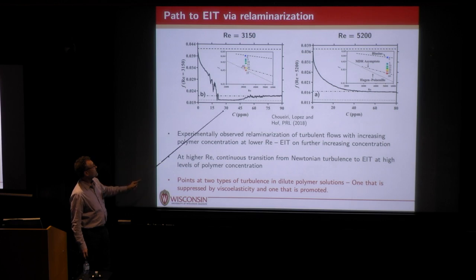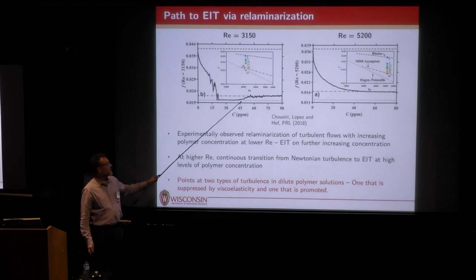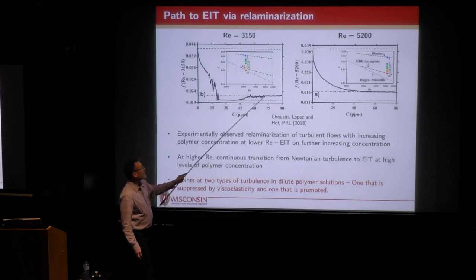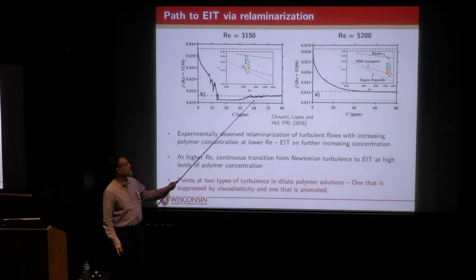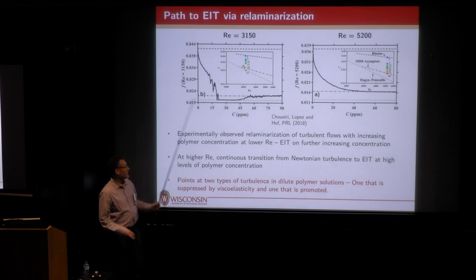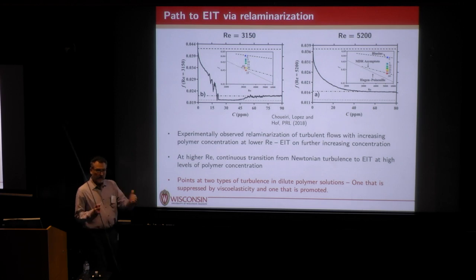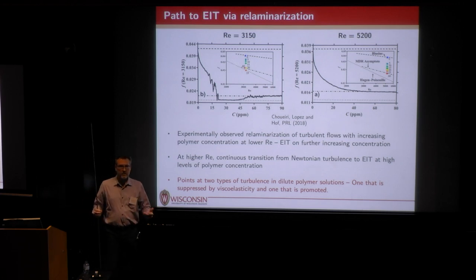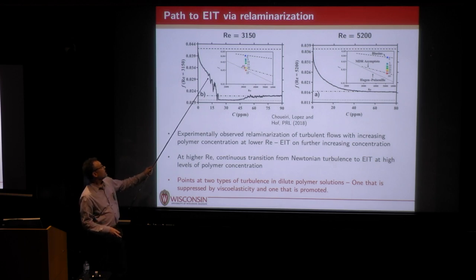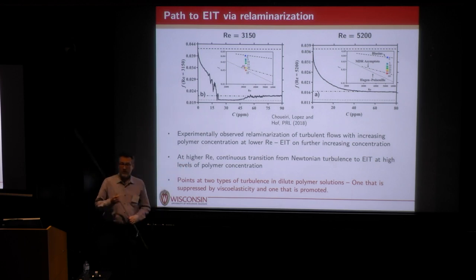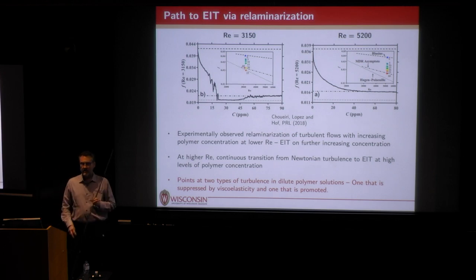And then above some concentration, they actually find that the flow laminarizes. And then at higher concentration, the flow becomes turbulent again, very weakly turbulent, all right? And they identified this as elasto-inertial turbulence. So the punchline of this observation is that it points very clearly to the existence of two types of turbulence in the solution. One that's suppressed by the polymer and one that's promoted, all right? And we're going to try to make some progress in understanding those observations.